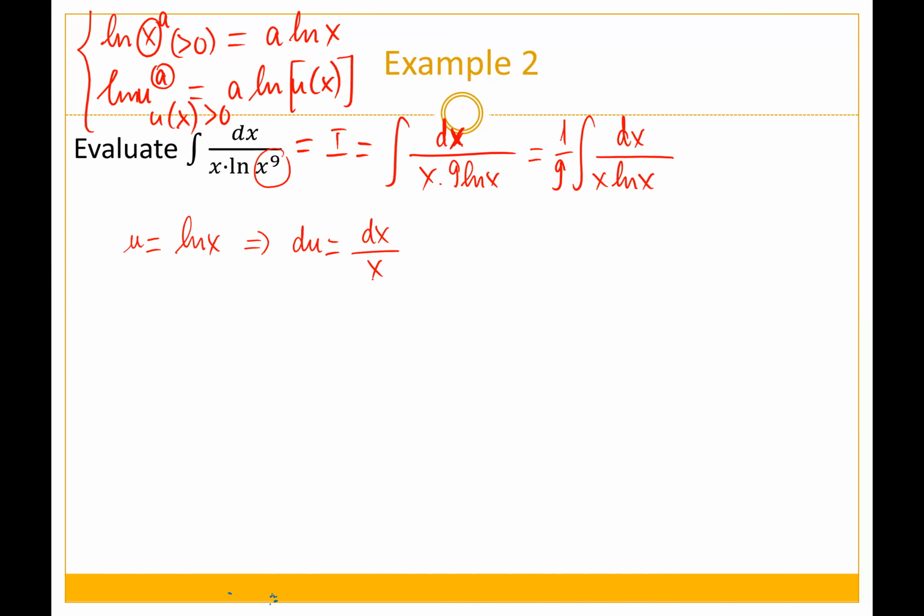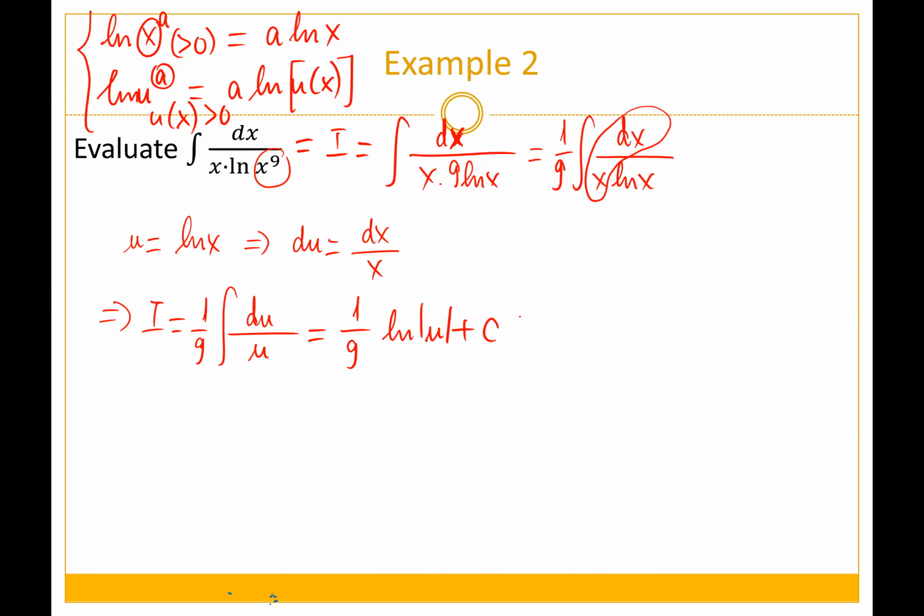We don't need to convert the limits because we don't have the two values of u here. It's an indefinite integral. So I equals 1 over 9, dx over x becomes du over u, and this is 1 over 9 ln of absolute value of u plus c.